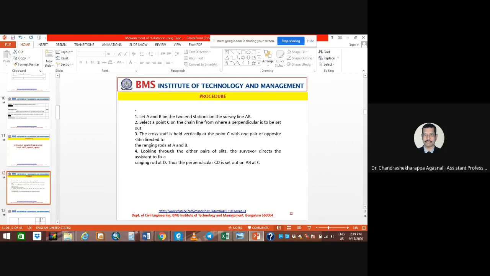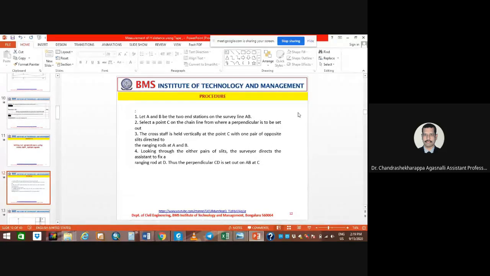So here the procedure is that let A and B be two end stations on either end of the line AB. Select the point C on the chain line where the perpendicular is to be set out. That is your point. The cross tab is held vertically at point C, and you can look through one pair of opposite slits directly to the ranging rods at AB.